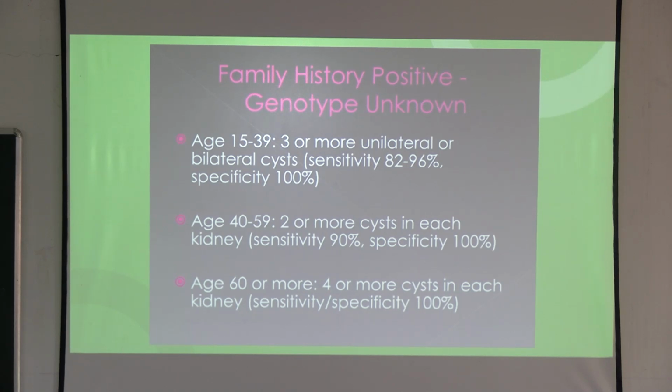For the age group 15 to 39, the number of cysts required for the diagnosis is 3 or more cysts in both the kidneys, unilateral or bilateral, but the number of cysts must be 3 or more. At age 40 to 60, 2 or more cysts in each kidney, and at age 60 or more, 4 or more cysts in each kidney. So the number of cysts required to diagnose the case is variable.